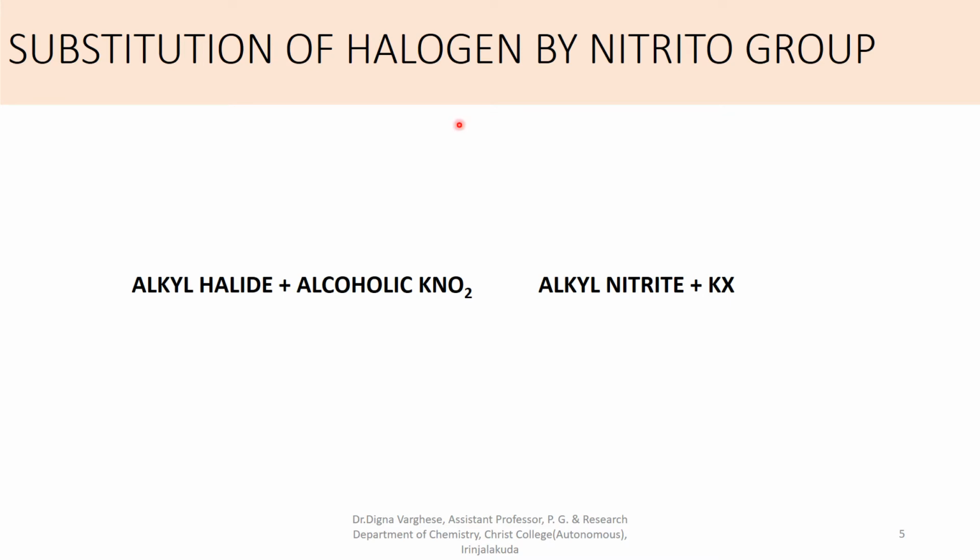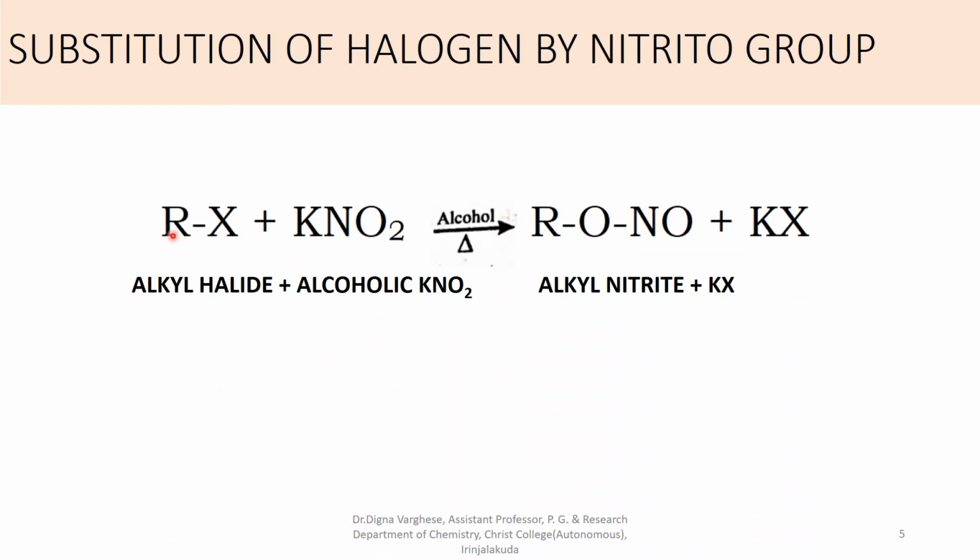Next reaction is the substitution of halogen by nitrito group. Here you can see the alkyl halide reacts with an alcoholic solution of potassium nitrite, forming alkyl nitrites.